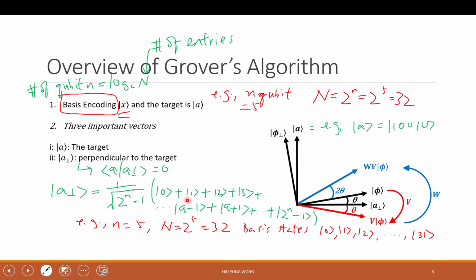Now you look at this. Is this a superposition of all basis states? No. Why? Not including A. Very good, right?